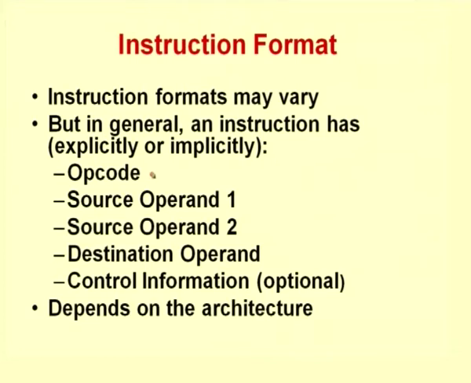You would have the opcode, you would have the source operand. If there are two source operands, you will have source operand 1, source operand 2, and then you would have the destination operand, and then if there is any control information that is required, that would also be specified. Again, the format of the instruction would depend on the architecture, but the content would cover most of these things. That is, you would have an opcode, source operand 1, source operand 2, destination operand, and some control information. Okay. So, this is what you would have typically in any instruction.